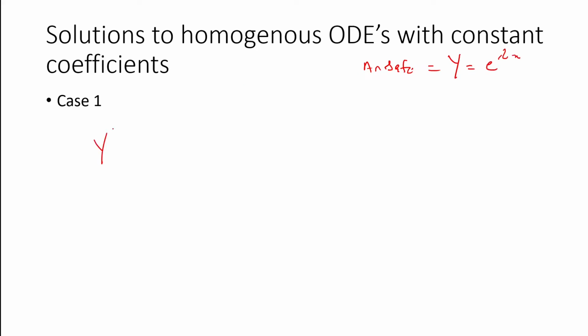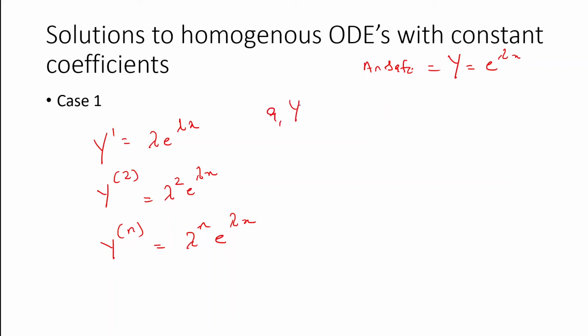Then the first derivative of y is lambda e to the power lambda x. The second derivative of y is lambda square e to the power lambda x. The nth derivative is lambda to the power n e to the power lambda x. It's very simple, just differentiate e to the power lambda x n times and you get lambda to the power n e to the power lambda x. Now we input these into that equation which I showed.